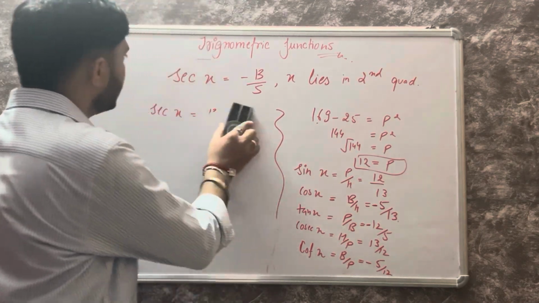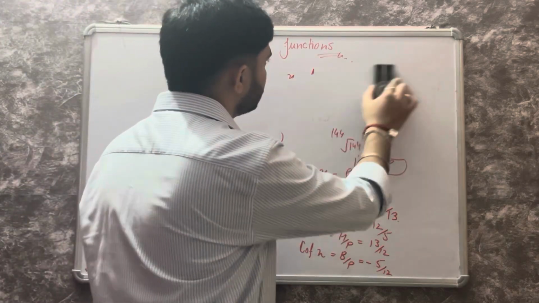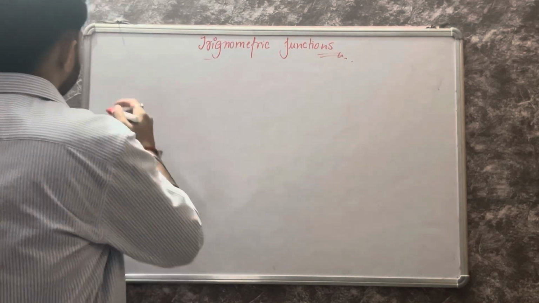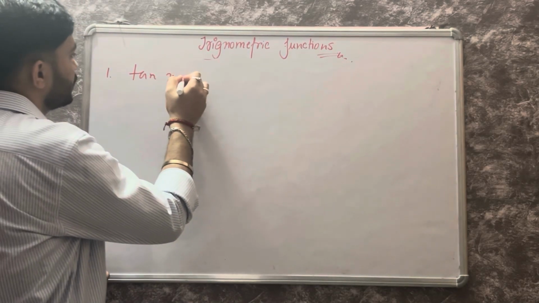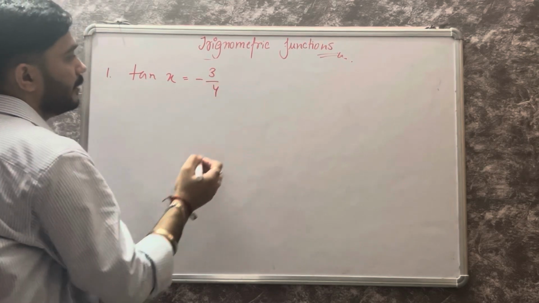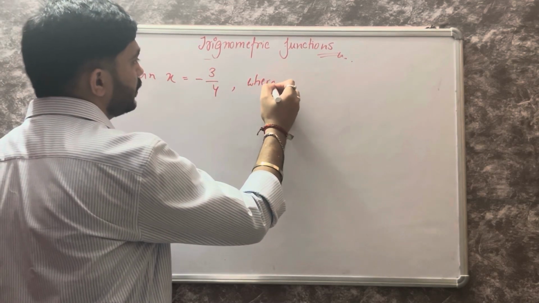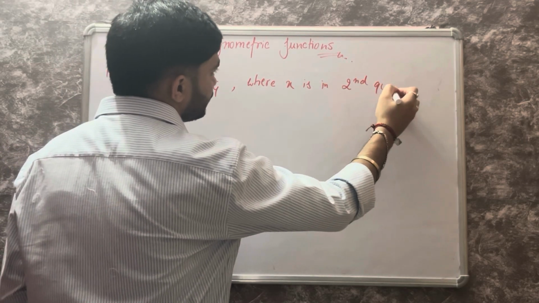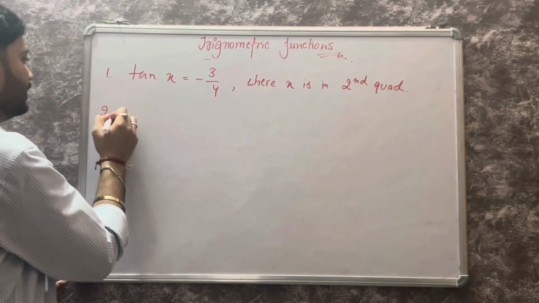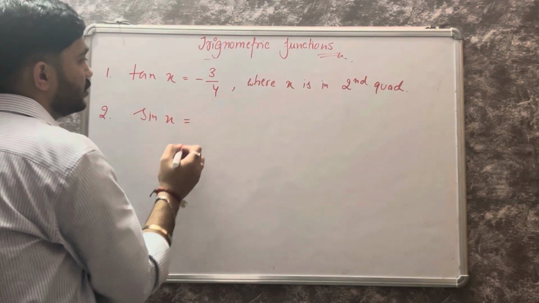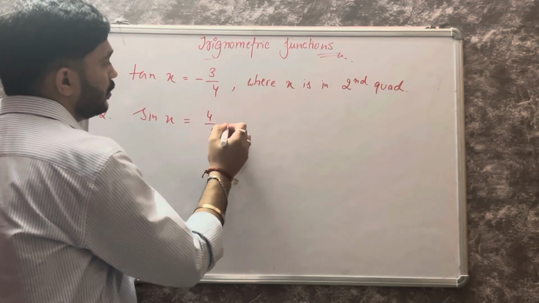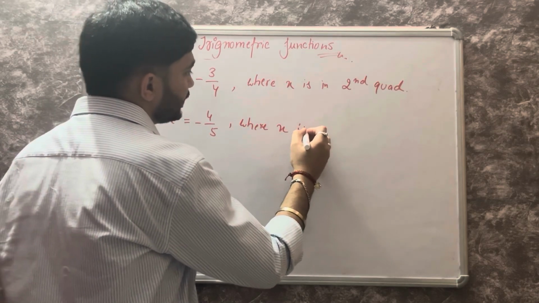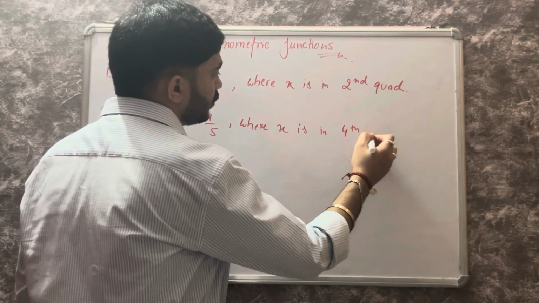Now we are going to give you some questions for homework, so you have to do them. The first question: tan x is equal to negative 3 upon 4, where x is in the second quadrant. Second: sin x is equal to 4 upon 5, where x is in the fourth quadrant.